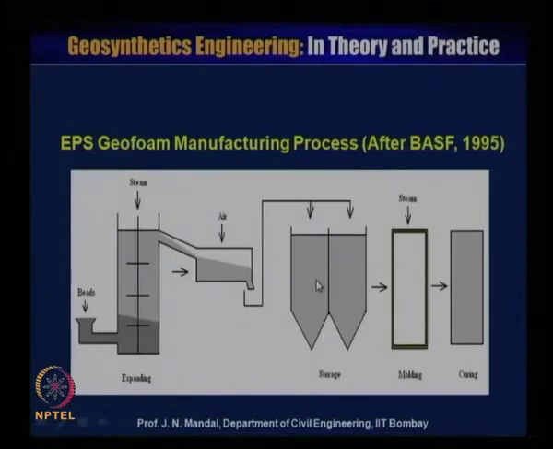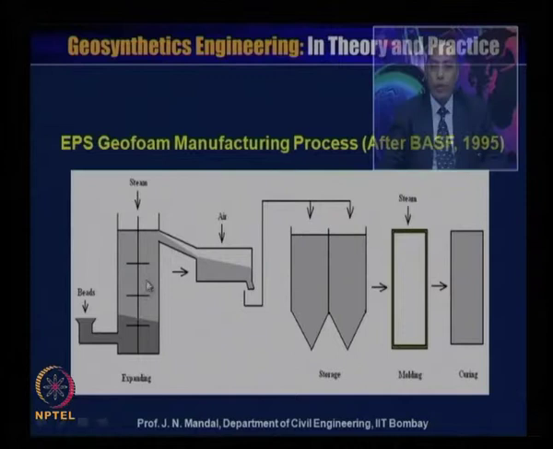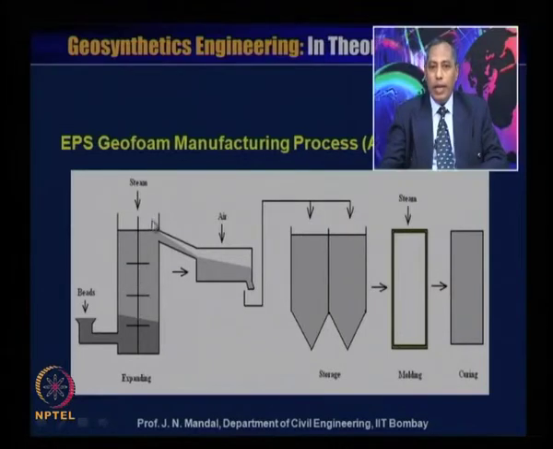So here we are focusing on the EPS geofoam manufacturing process, after BS 1995. We have the beads. These beads are inserted here, and then steam is provided from the top, and the beads expand. Then they pass through the air, and then can be stored.